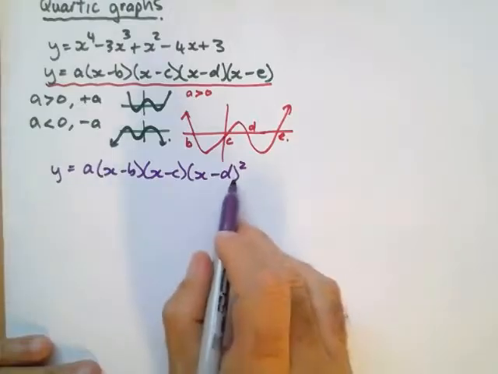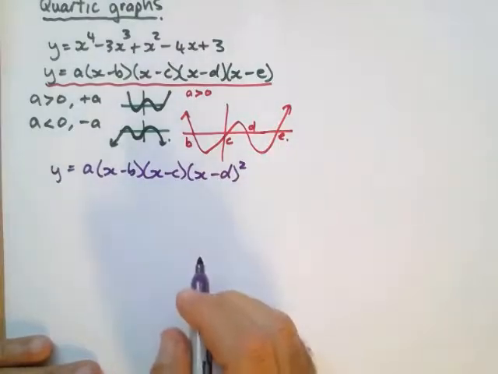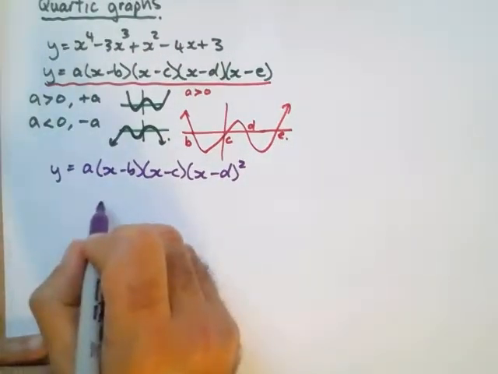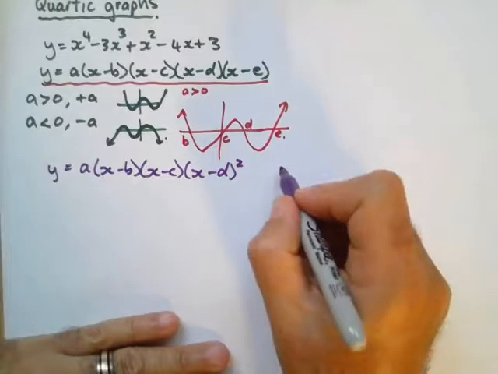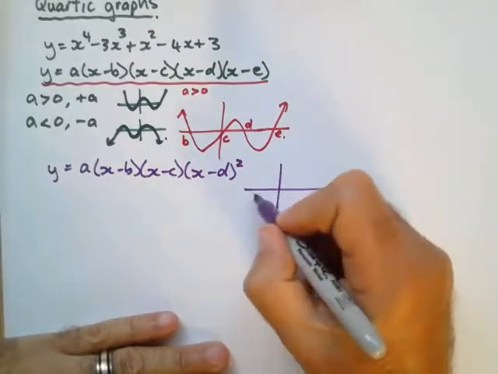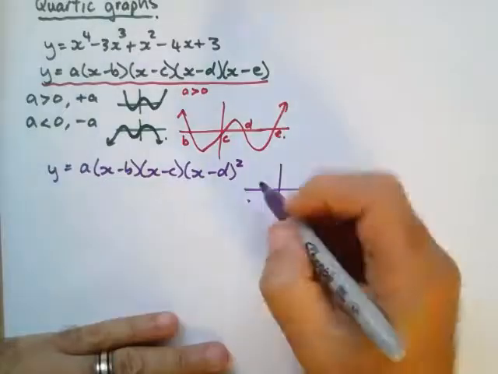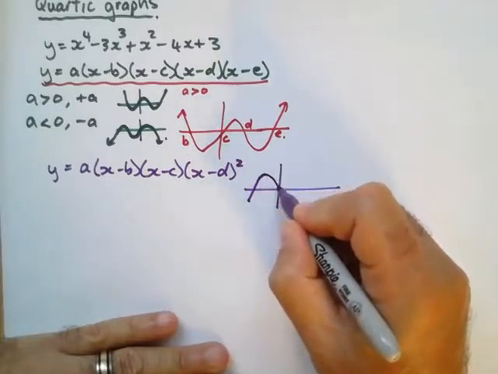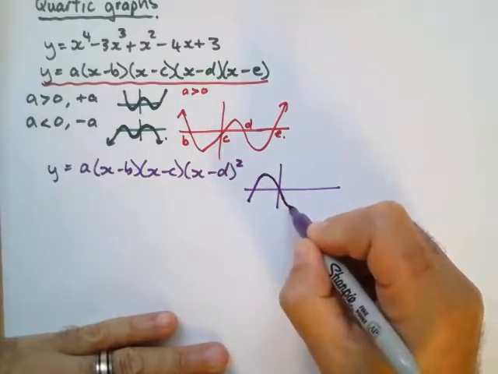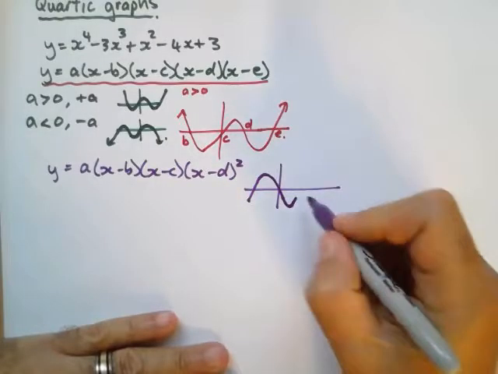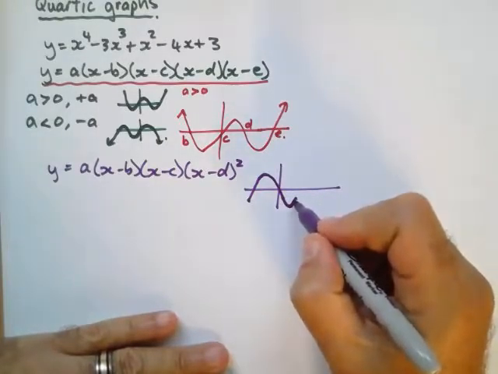If there's a d squared, it means there's a turning point on the x-axis, which means that this graph of ours can look like this if a is positive, but then there will be a turning point on the graph.